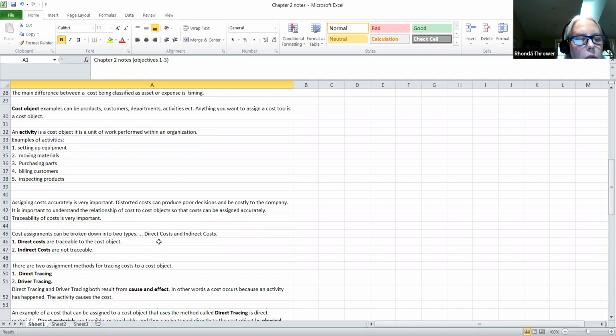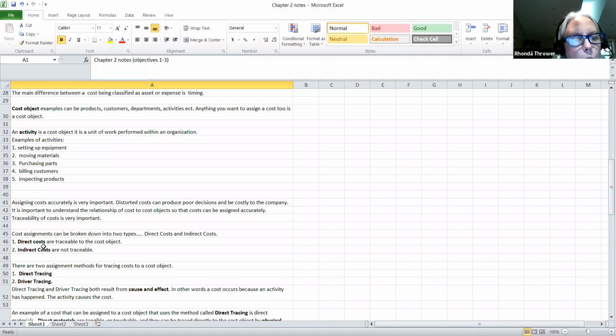One of the types of cost that we can assign is our direct cost. Our direct costs are actually traceable to the cost objects. Some examples of direct cost would be your direct materials that would go into the product itself. These are considered to be direct cost.